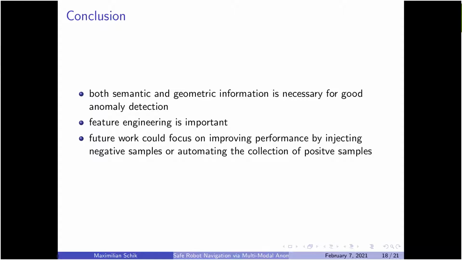Future work could focus on improving performance by injecting negative samples, which has been proposed in the paper, but sadly there hasn't been any paper about it yet. Papers could also focus on automating the collection of positive samples. For example, the robot could explore its environment and collect safe samples while doing that.